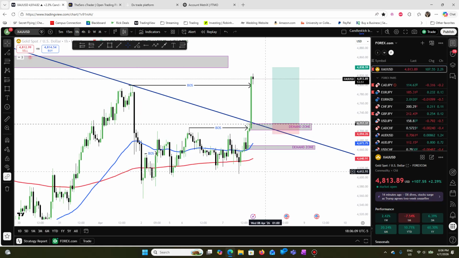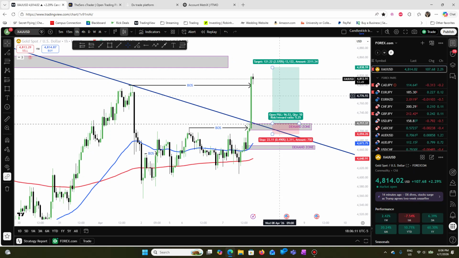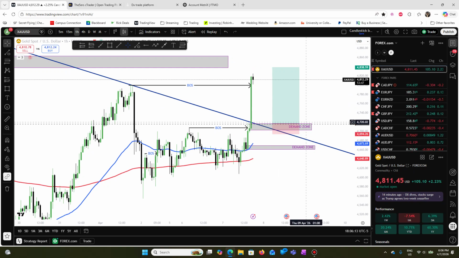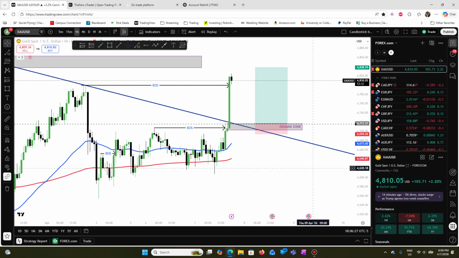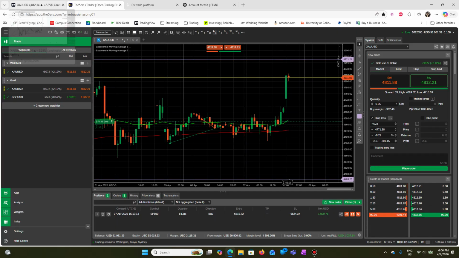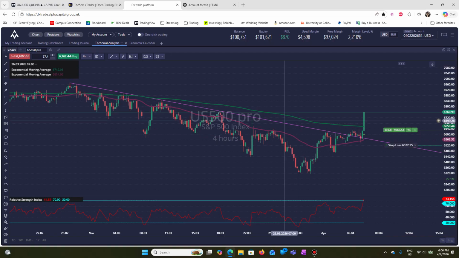So I have a 90% chance that we're gonna retest here if the market comes down, and a 10% chance for this zone. So that means we are gonna have to readjust our buy limit orders to the new zones.